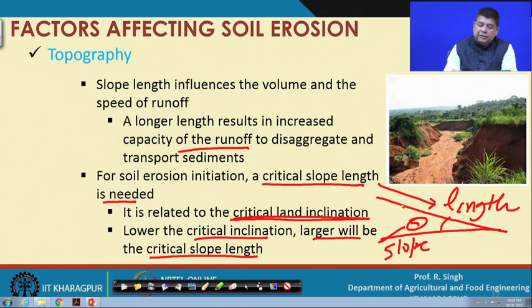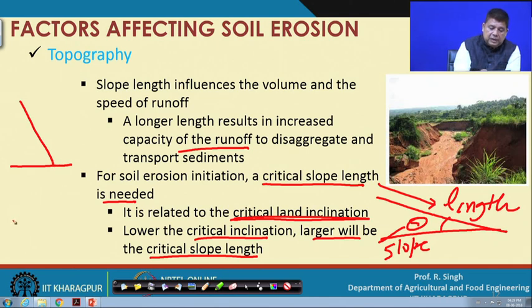So, obviously, if we are talking about two land slopes, one much flatter and one much steeper, here a much smaller length will be required for initiating erosion, whereas here a much larger length will be required.